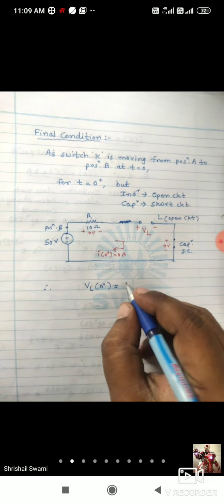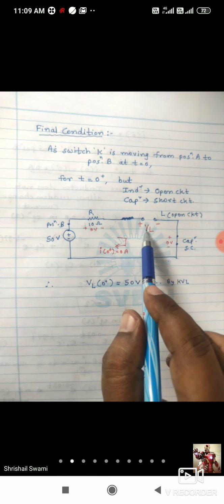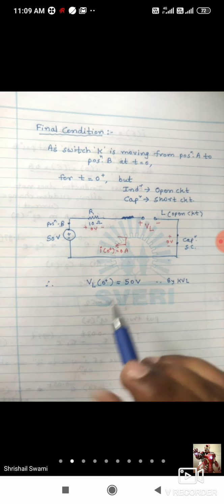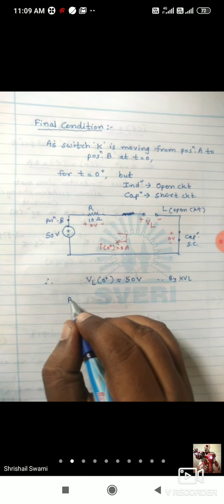VL is the same as the supply, or apply KVL, you will get VL is equal to 50. So VL of 0 plus is equal to what? 50 volt by KVL. You can apply the KVL here, you will get VL is equal to 50 volt. So VL means what?